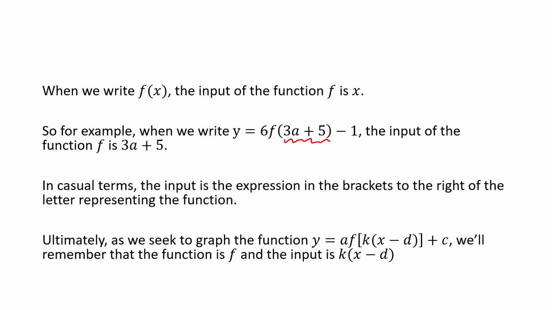Ultimately, as we seek to graph the function y equals af of k(x minus d) plus c, we'll remember that the function is f and the input is k(x minus d). This is the portion in the bracket next to the f. This is sometimes also called the argument. You can call it the input of the function or the argument.